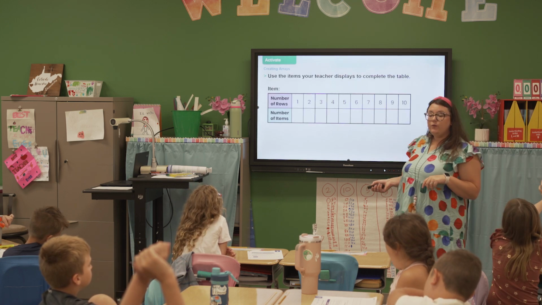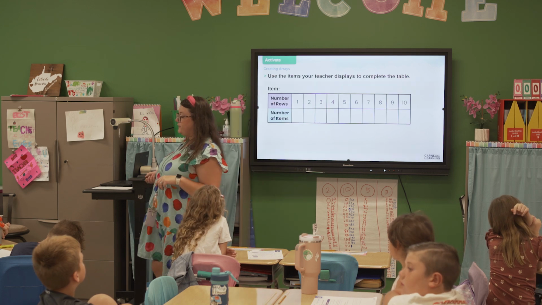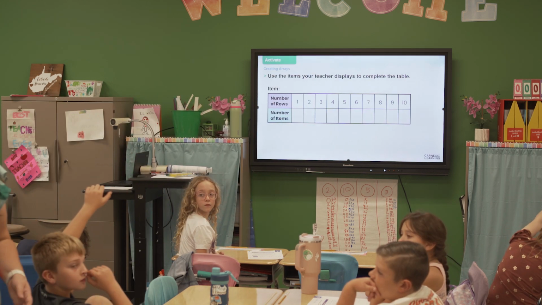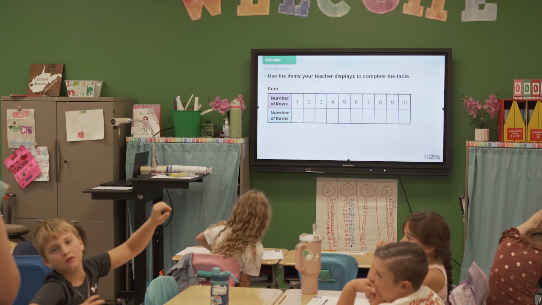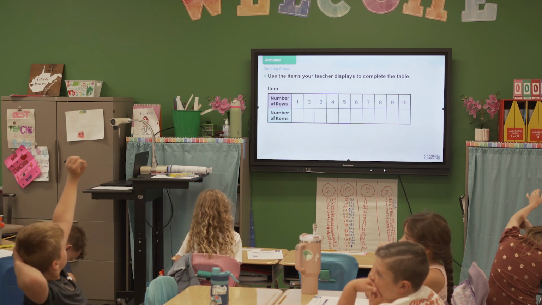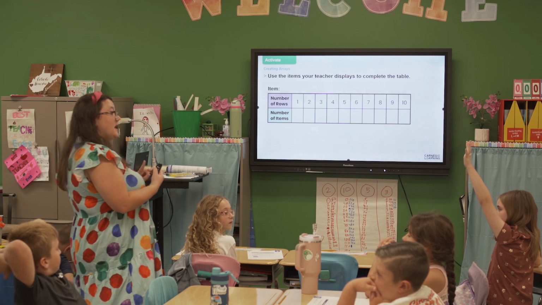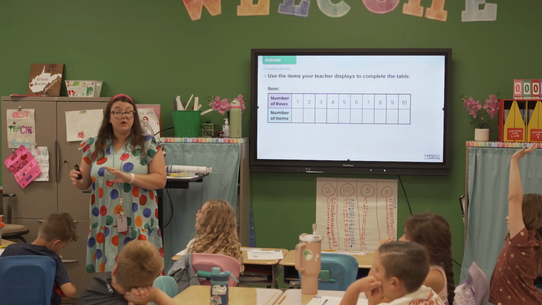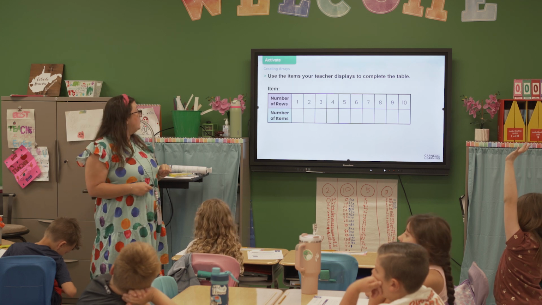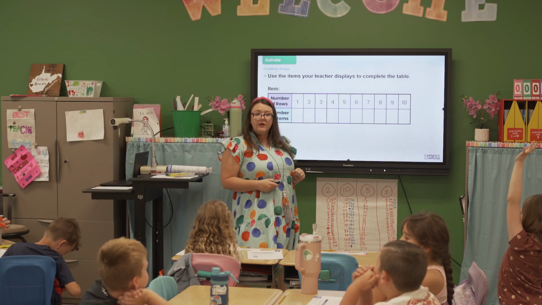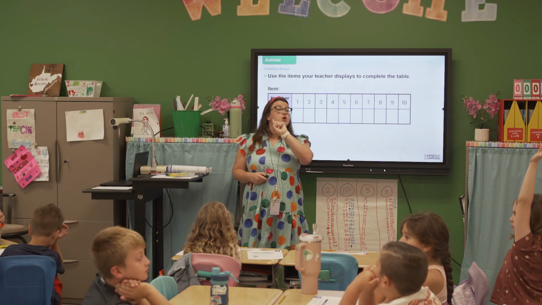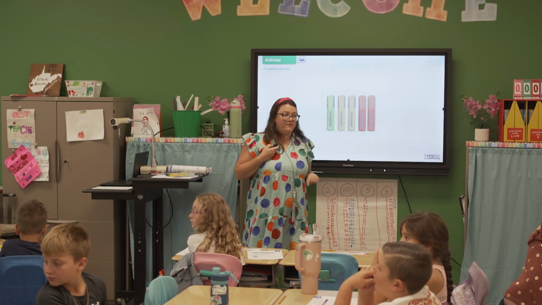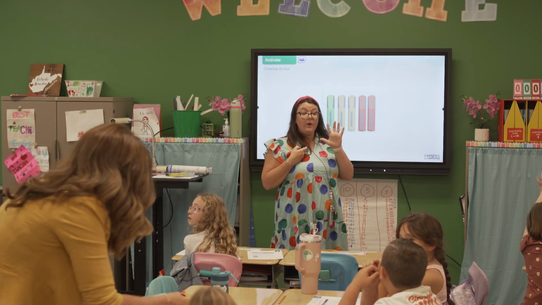So if we are going to look at different things, let's look at some counters here. We're going to look at groups of something just like we would look at an array. You're going to get some counters, and we're going to create an array. Up here we have 1 group of 5, so 1 row of 5.